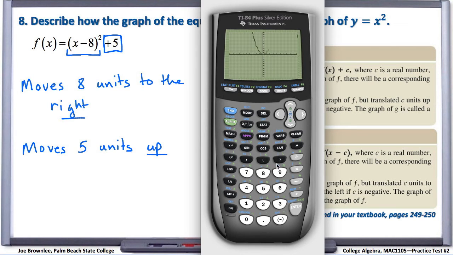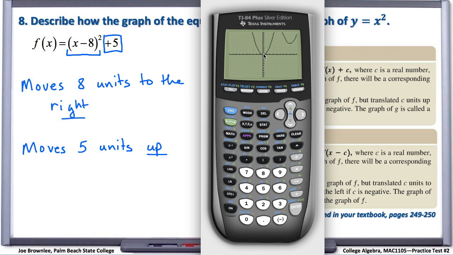The first graph we should see is right there, y equals x squared. And then the next graph we should see is this f of x, which recall means y. So y equals quantity x minus 8 squared plus 5. And we said that this graph moved to the right 8 units.